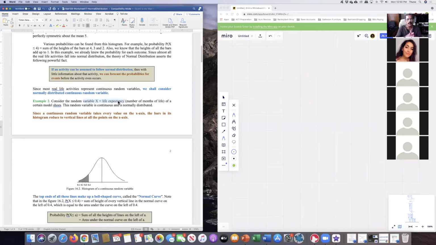That can be 1 second, that can be 5 years, 4 years, 4.5 years, 4.1 years. It can be any number in a certain range, of course. Maybe 10 years is the maximum, but any number between 0 years and 10 years is a possible value for this life expectancy.